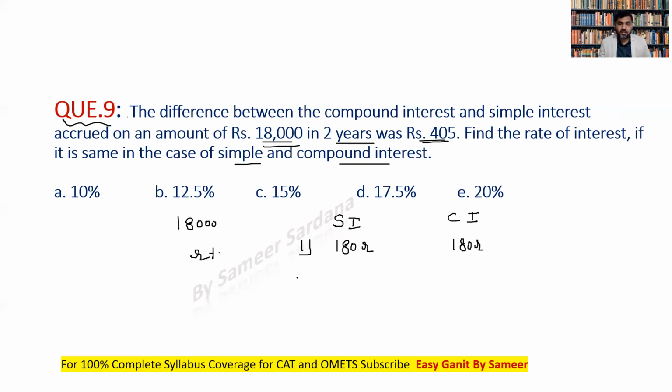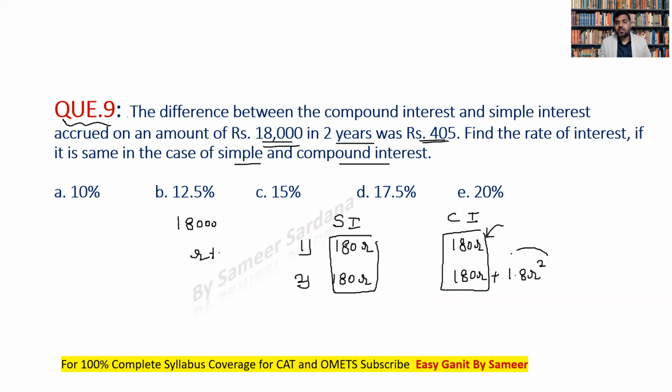Now we know the definition. Second year, again, this will be 180R, but this will be 180R plus there will be an extra interest of R% on this value also. So R% of this would be 1.8R square. Now you see the difference between SI and CI here. This part of SI and CI is exactly similar. The only difference is happening because of this value.